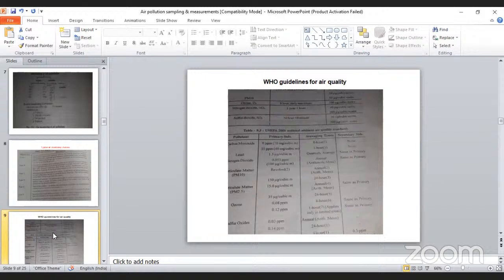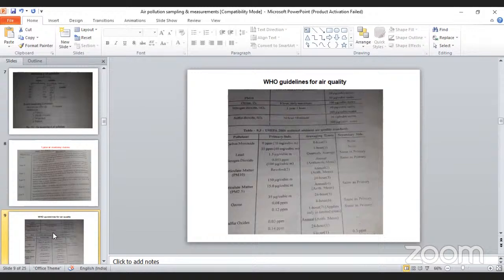By weight difference of the filter paper, they can understand the total pollutant level in terms of weight. Then individual pollutant levels are identified by digestion of that filter paper with a triple acid. Then they follow different methods for different pollutants for quantification. That we will see in the next session.